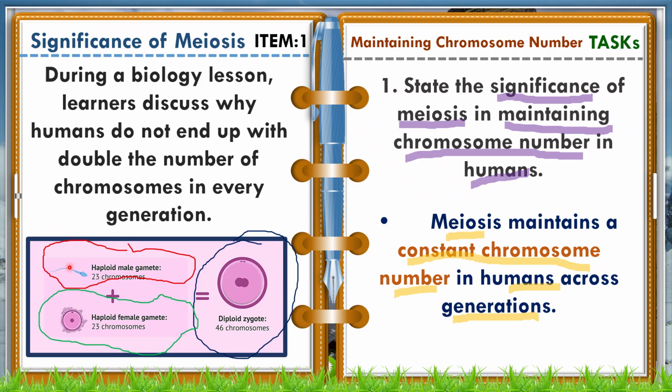So the gametes that are formed, the sperm and the female gametes, have half the number of chromosomes, such that when the male gamete combines with the female gamete, the number sums up and gives us the normal number, which is 46 chromosomes. So we can see that it is meiosis which is maintaining the constant chromosome number in humans from generation to generation.